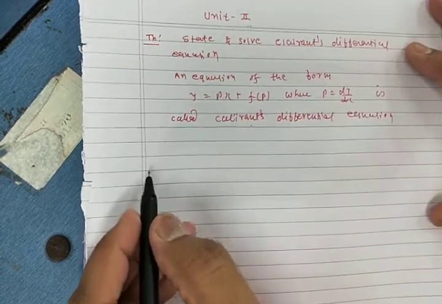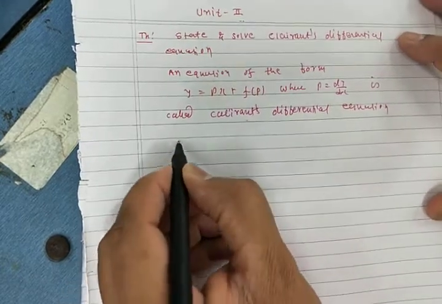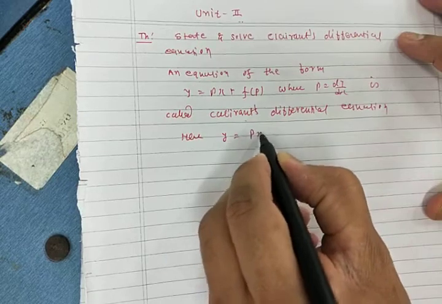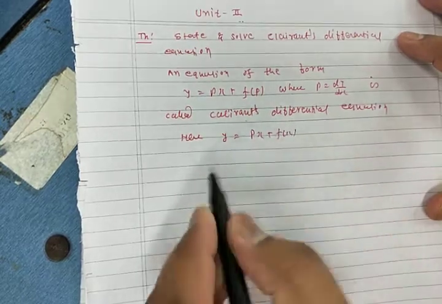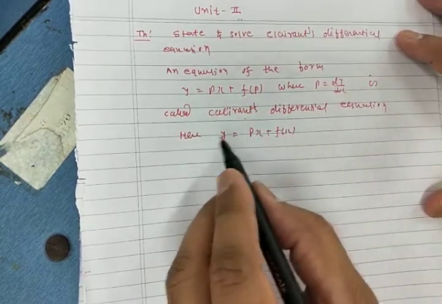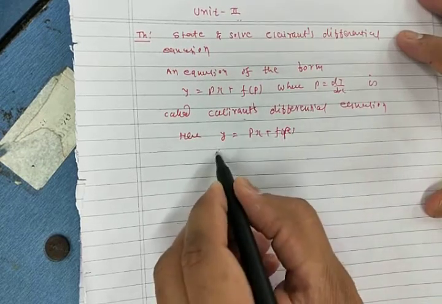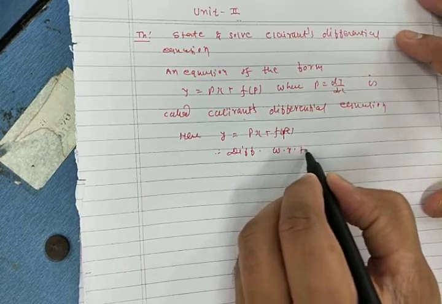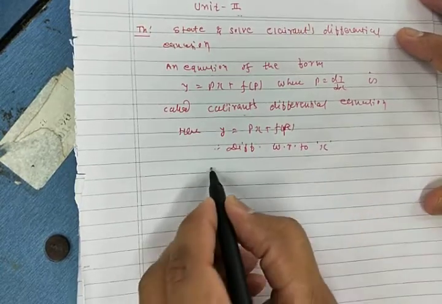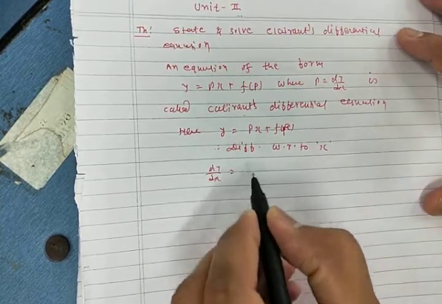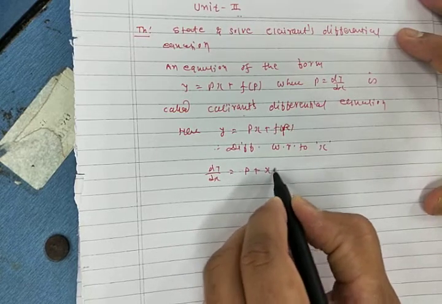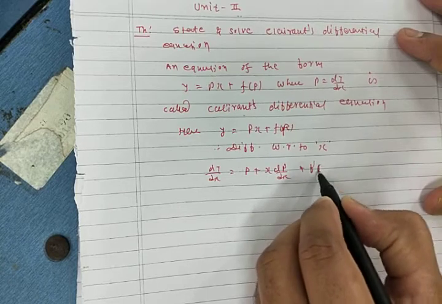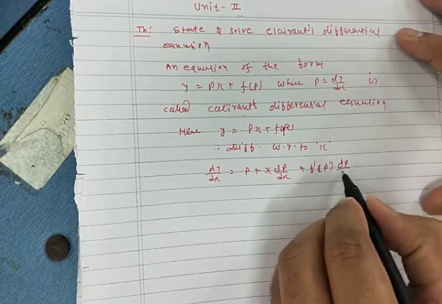Clear? It is solvable for y. Here y is equal to px plus f of p is solvable for y, therefore differentiate with respect to x. What we get? dy by dx is equal to p plus x dp by dx plus f dash p into dp by dx.